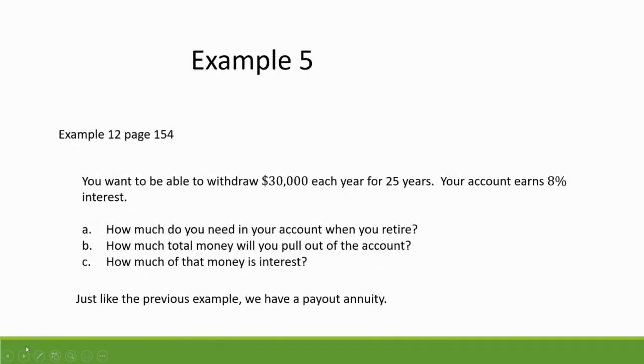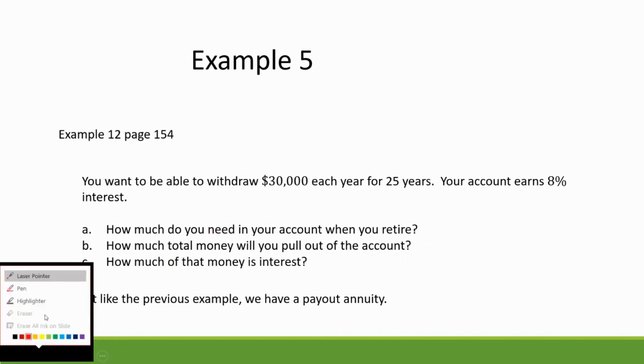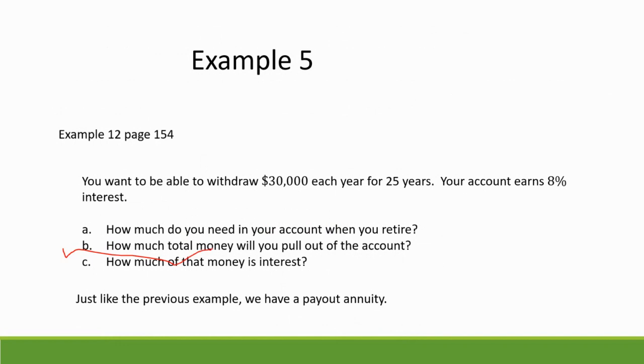All right, so this was another question. I thought I took out B and C here, but that's okay. Anyway, here we want to be able to withdraw $30,000 each year for 25 years, and the account is earning 8% interest.